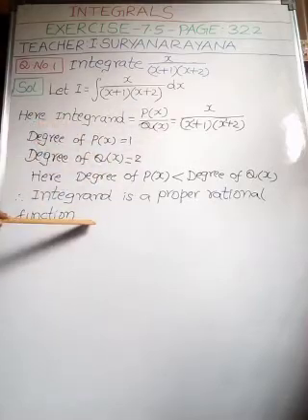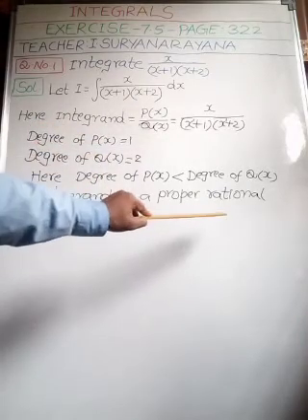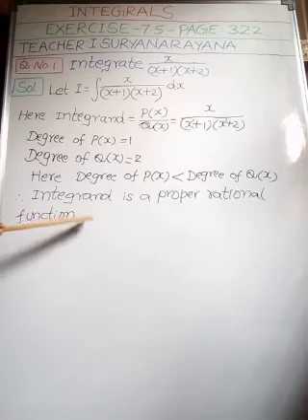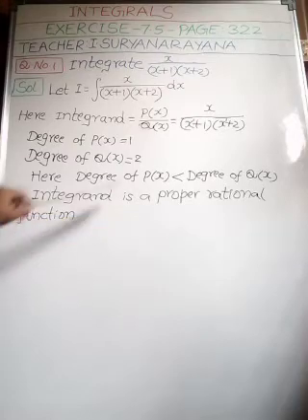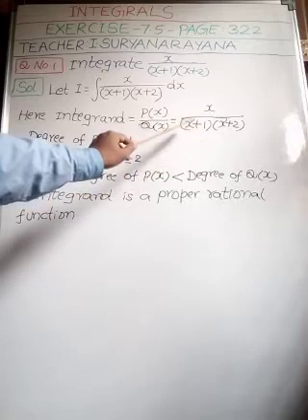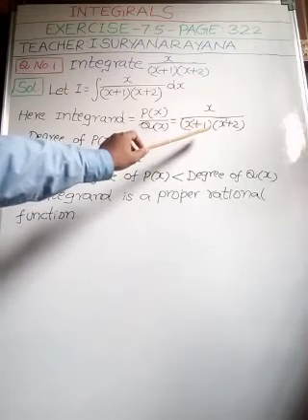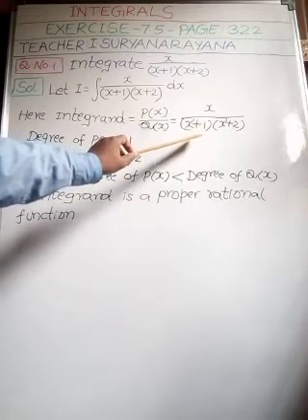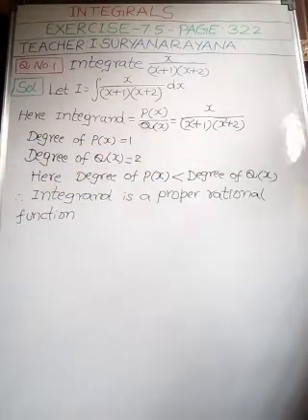First of all, we have to confirm this. Otherwise, we have to divide the numerator by the denominator. We have to transform this improper rational function into a proper rational function by using long division. Okay, my children, understood this point?